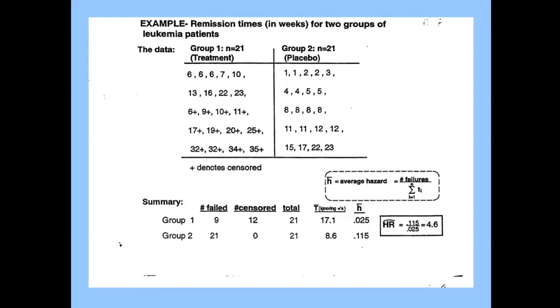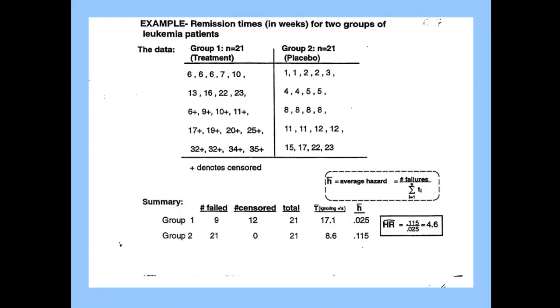If I do that, I get 17.1. That's the average remission time using these numbers. If I do the same for the placebo group, I get 8.6. That's what I get.